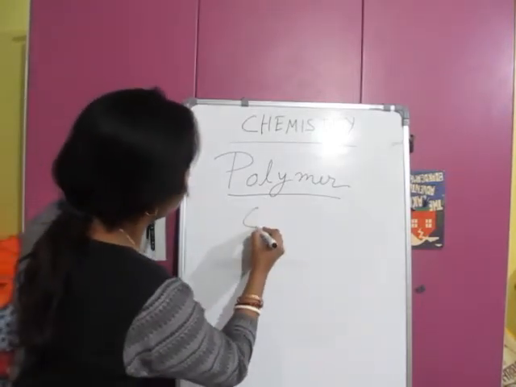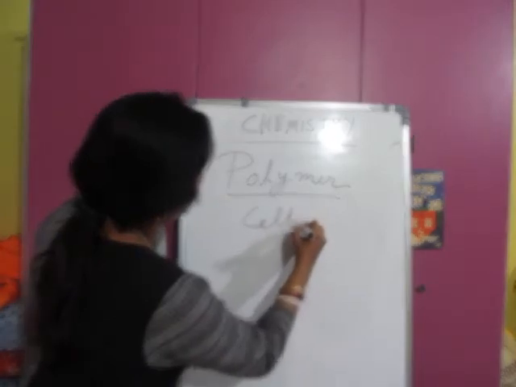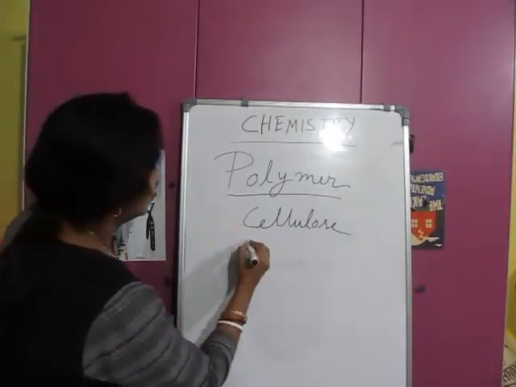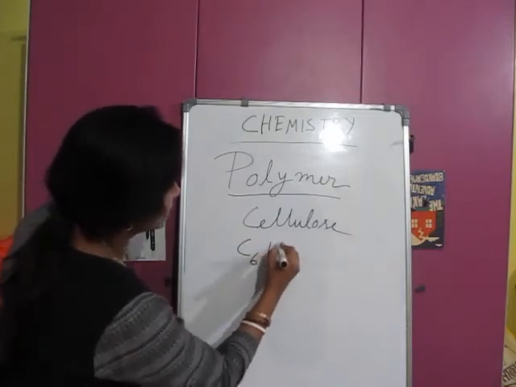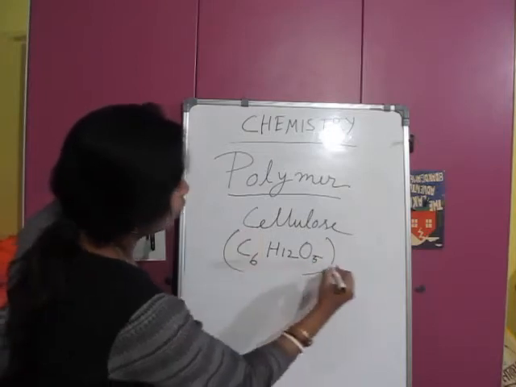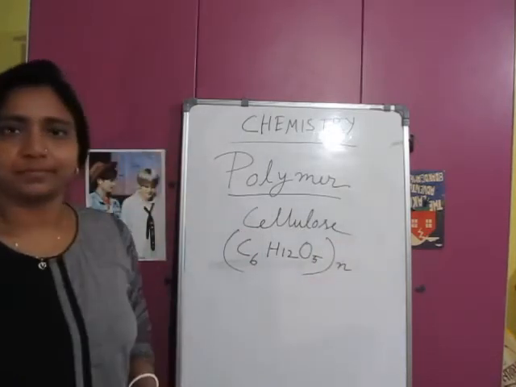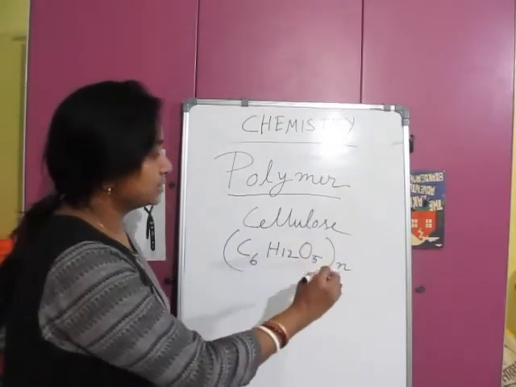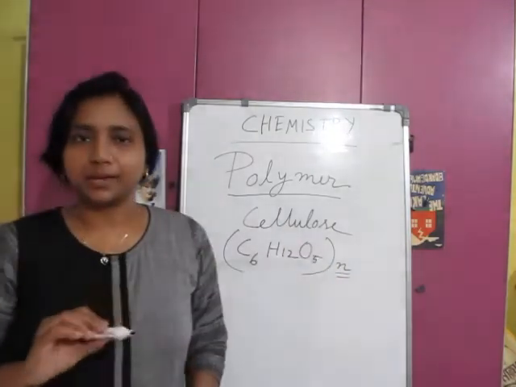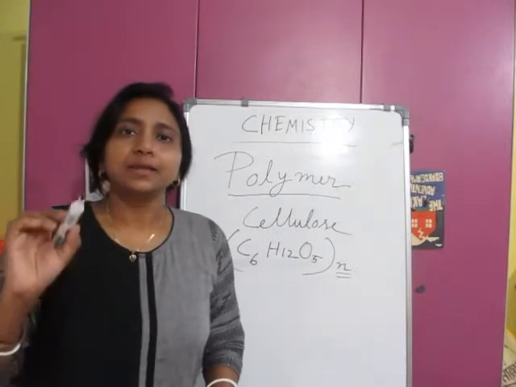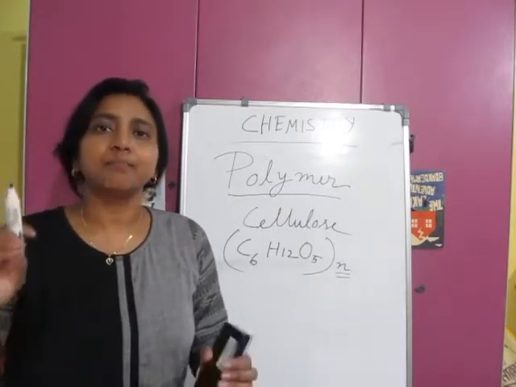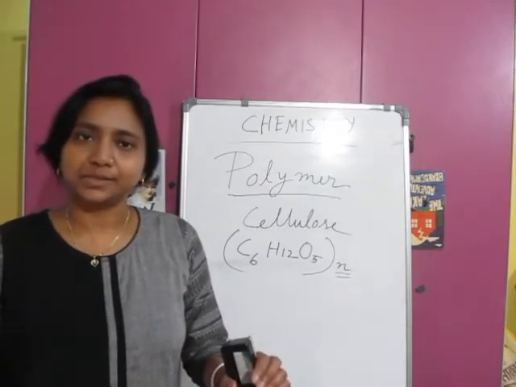Cellulose is one of the polymers. What is the structure of it? That is C6H12O5 whole N. So you can see one difference, that there is a number, that is N. N may be 100, N may be 1000, that is the multiple of molecules.